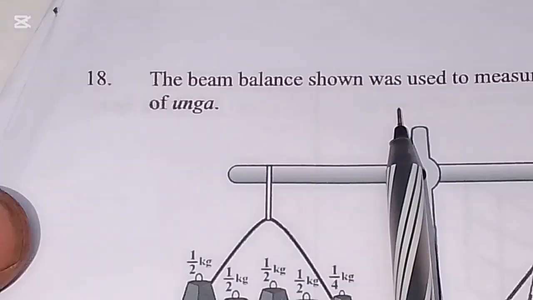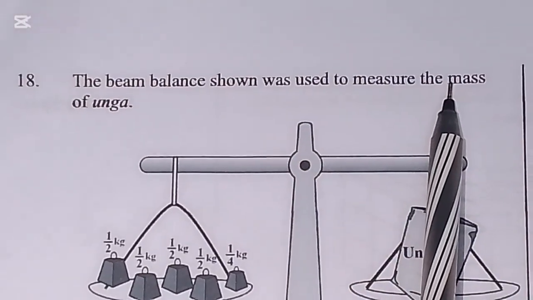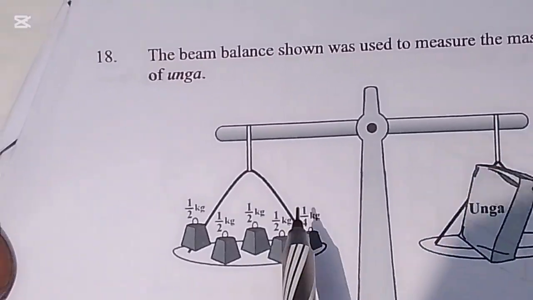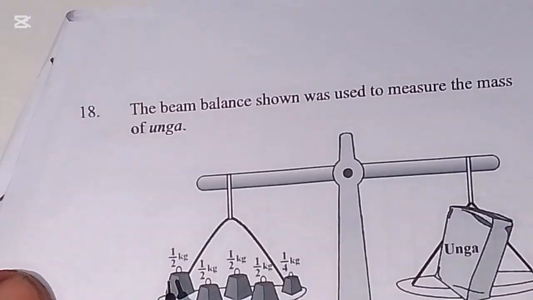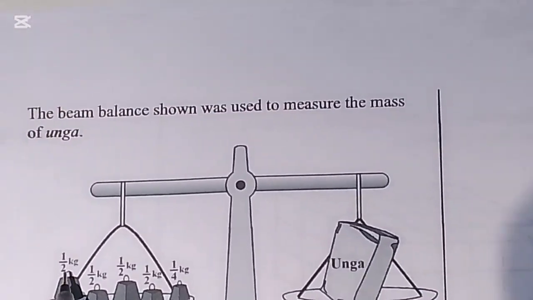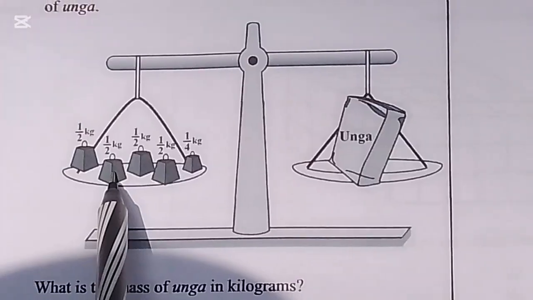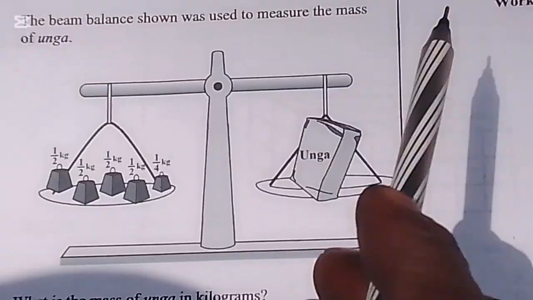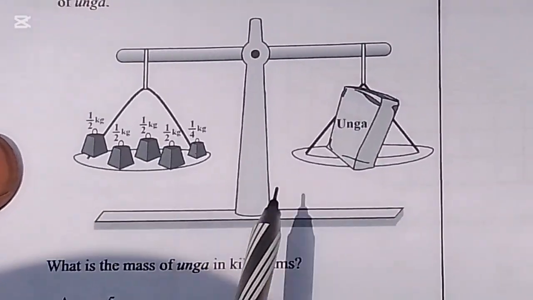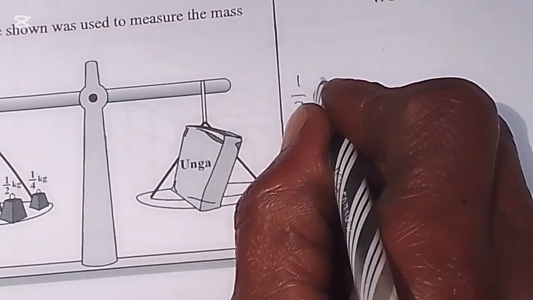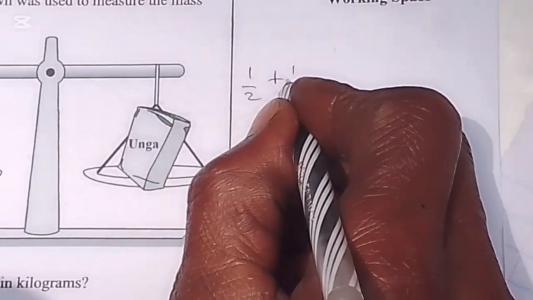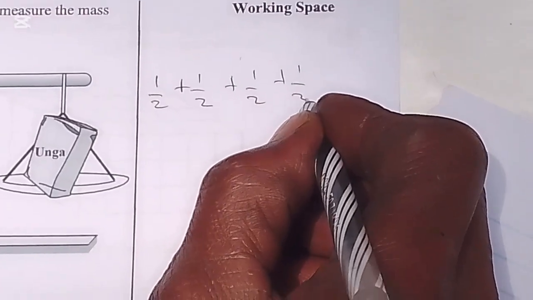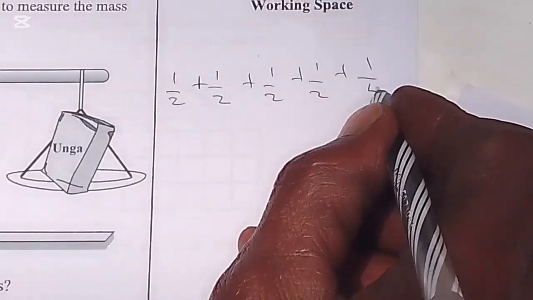The beam balance shown was used to measure the mass of unga. It is balanced, but here we have half kilogram mass, half kilogram mass, half kilogram mass, half kilogram mass, and quarter kilogram mass. So we add all these fractions. 1 over 2 plus 1 over 2 plus 1 over 2 plus 1 over 2 plus 1 over 4.